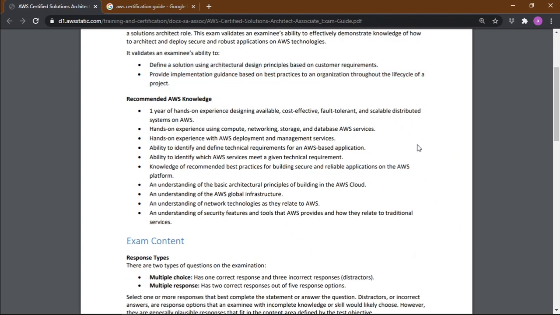Now we'll talk about all the different AWS sections or knowledge which is required to get those abilities. They have mentioned 1 year of hands-on experience, but trust me, 1 year of hands-on experience is not at all necessary. All you need to do is make yourself familiar with all the sections and all the services of AWS, and see how they connect with each other.